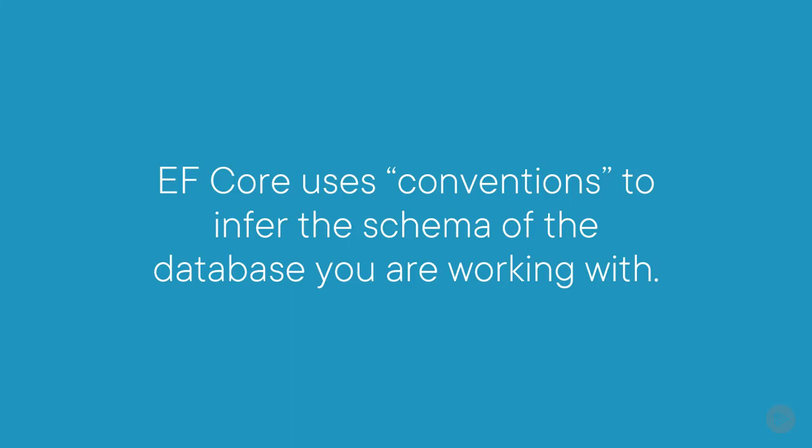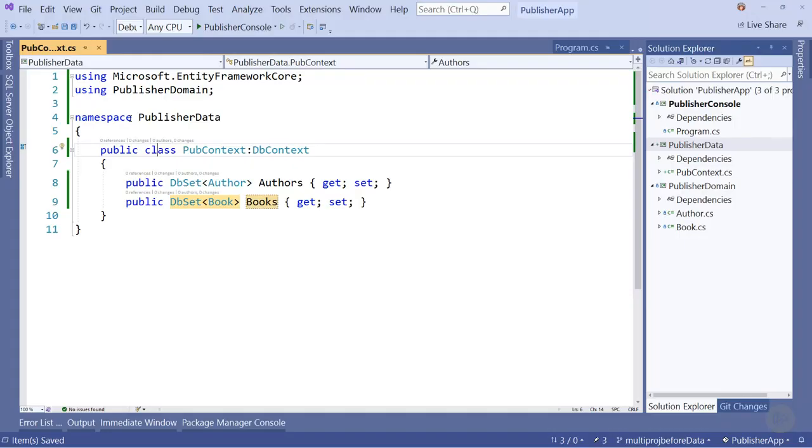For example, EF Core will presume, by its conventions, that the table names match the DB set names. There's a lot you can do to affect how EF Core infers that model at runtime as it reads the DB context and any other information you might provide. But for now, I'll just stick with the EF Core's defaults, given that I've already made it aware of the author and the book.